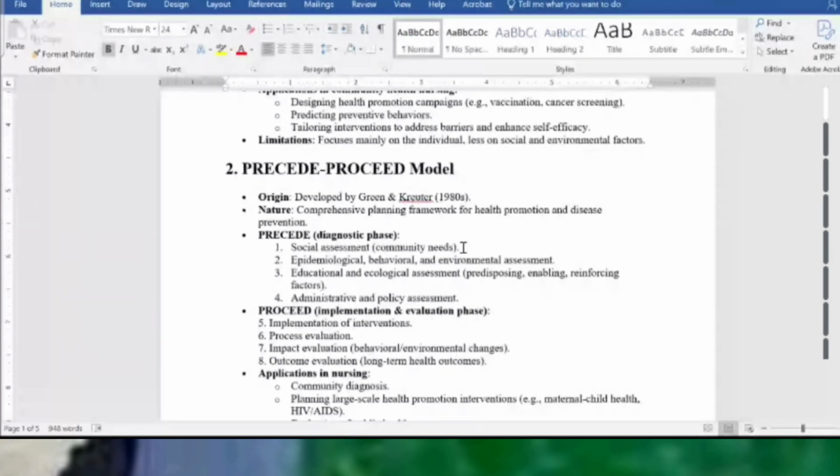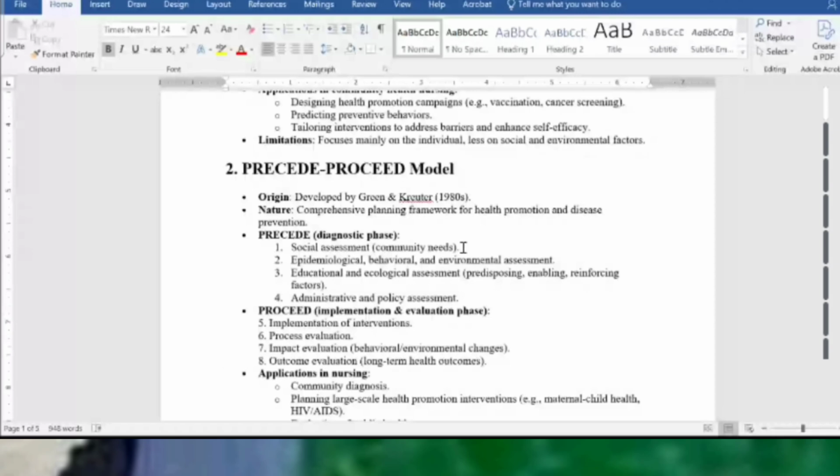Within our environment we have many risk factors that can make us have a particular condition, and sometimes we ask what the causes are.